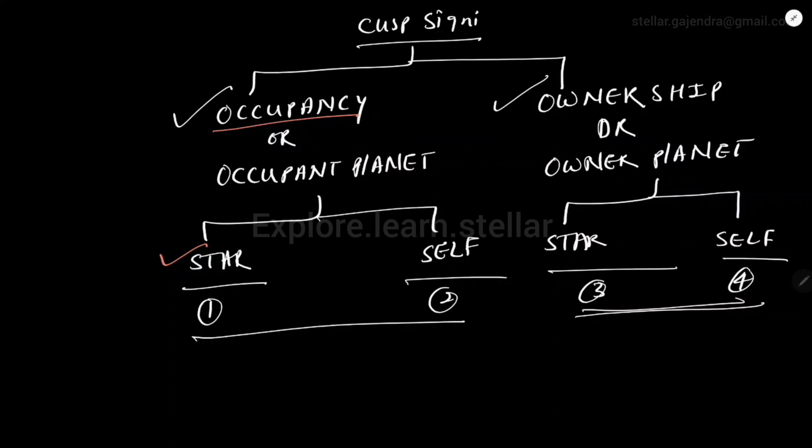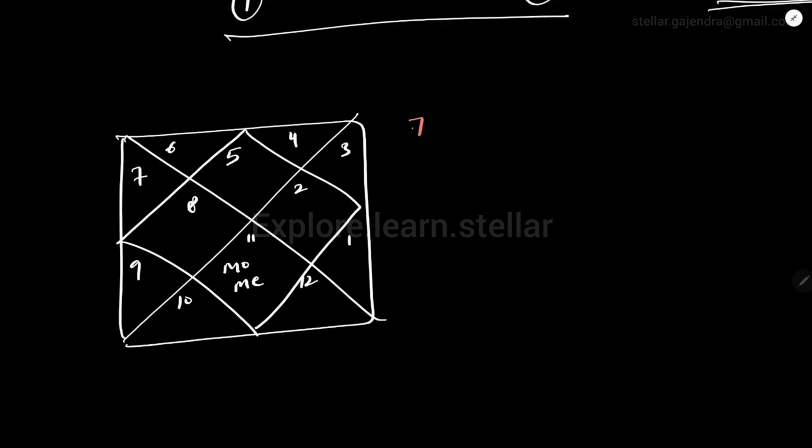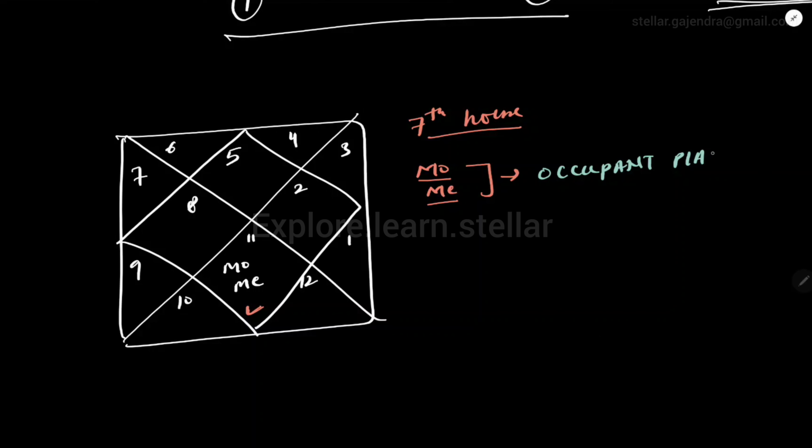So for example, let's consider this chart. In this chart, let's consider the seventh house, and in the seventh house you will see Moon and Mercury are placed, which means they are occupant planets of the seventh house. And you will see the 11th sign is rising in the 7th house. The 11th sign is Aquarius, and the lord of Aquarius is Saturn.